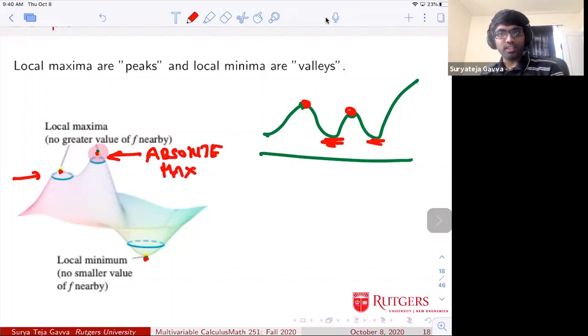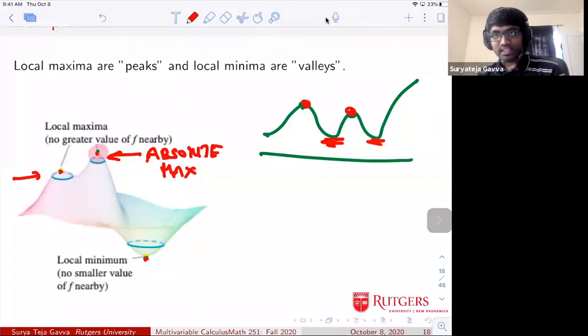Okay, questions on this? Local max are the values around which the function looks close to that point. The function is at a maximum value. Both local max and local min mean that this is the maximum value you can get if you look around that point. But if you move globally, that might not be the maximum, right?